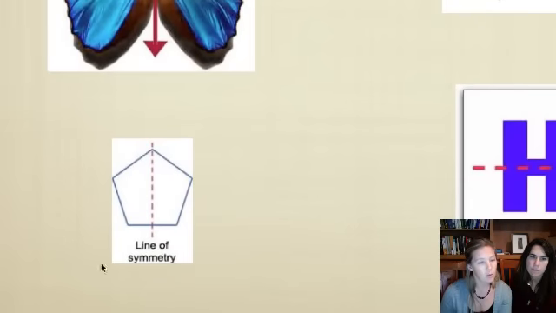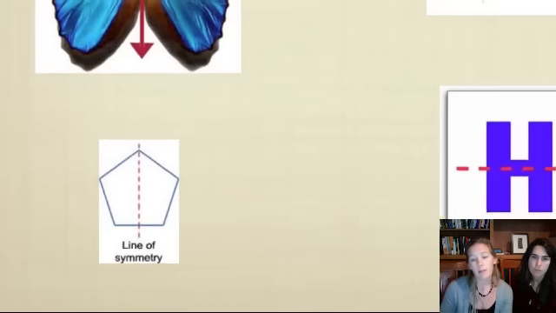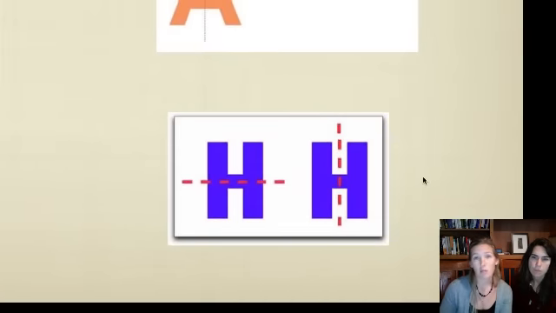Our pentagon here, we're going to talk a lot more about a pentagon later, but this is one of the lines of symmetry. If you fold this again right on that dotted line, it would stack on top. And H actually has more than one line of symmetry. If you were to fold it down, it would land on top of itself, and if you were to fold it across, it would also. So what, like hamburger or hot dog?